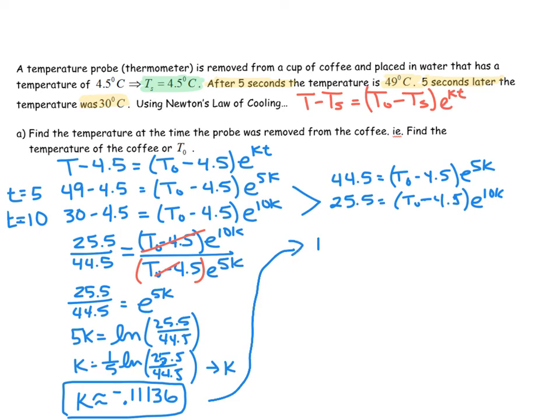So it'll be T minus 4.5 equals T sub 0 minus 4.5 e to the negative 0.11136t.